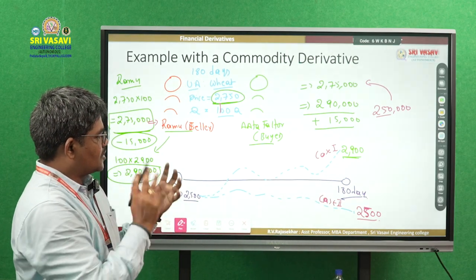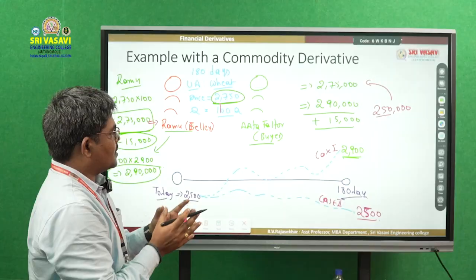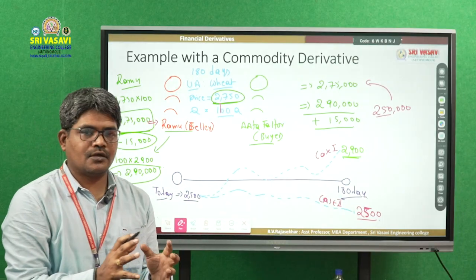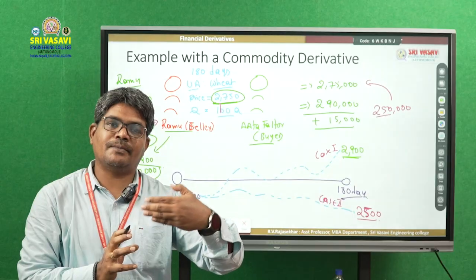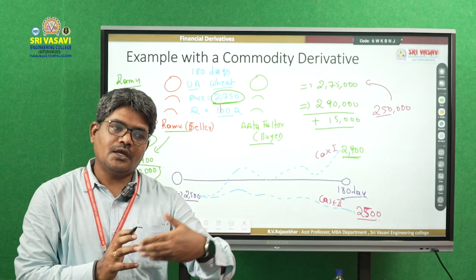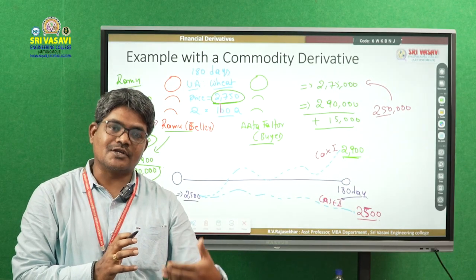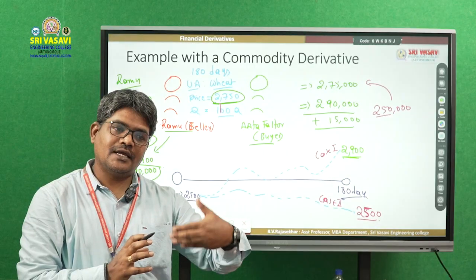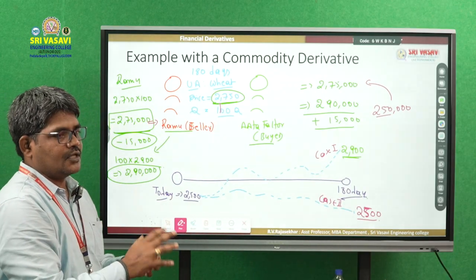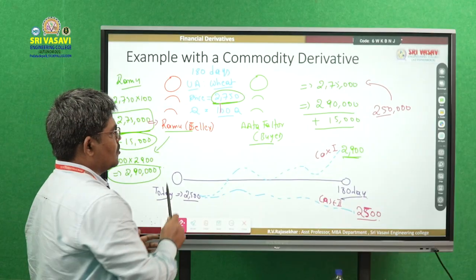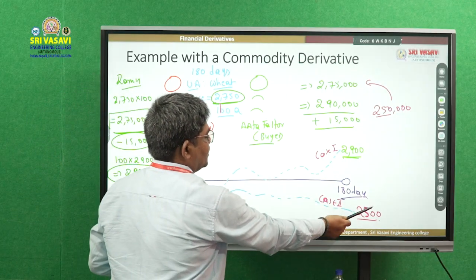Then, here is a contract. Both parties enter with an expectation that there will be certain price changes. The price changes may be adverse according to them. In order to cover the losses incurred because of adverse price movements, they enter into a contract. Then they need not be concerned about what is going to happen at the end of the contract.